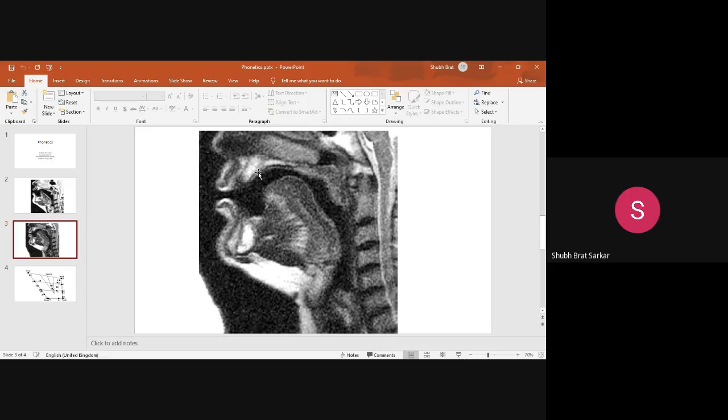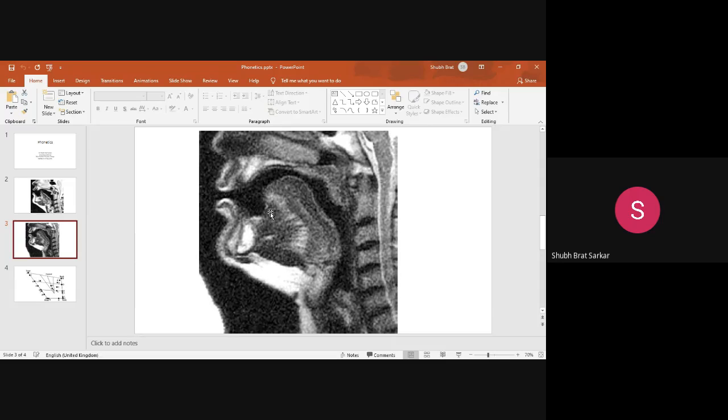While in our study of consonants, we included the lips, the upper teeth and the lower teeth, in case of the production of vowels, the place of articulation is denoted by the roof of the mouth that consists of three basic parts. First is the front of the roof of the mouth. Second is the center of the roof of the mouth. And third is the back of the roof of the mouth.